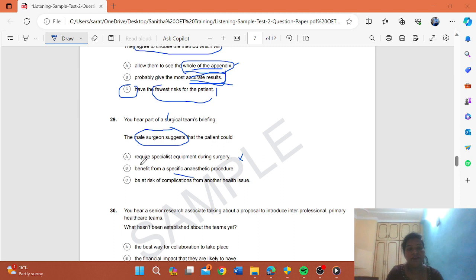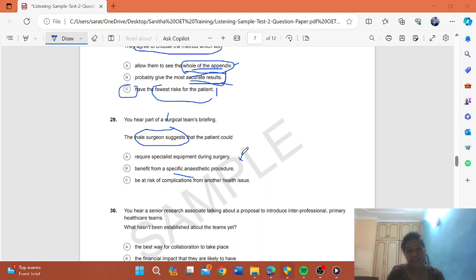So why is option A, require specialist equipment during surgery, not the answer? They said they will need an obesity bed, but they said it shouldn't be an issue.